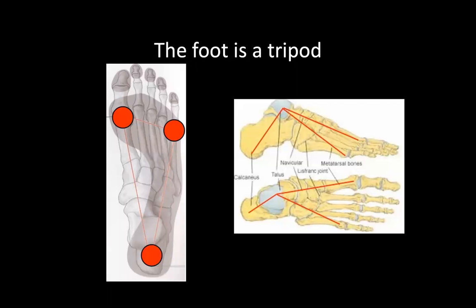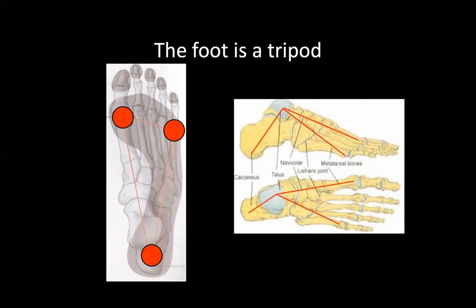So just taking a kind of 30,000 foot view of the foot, I think it's really important to understand the basic biomechanics. The foot acts a lot like a tripod, where you have the first metatarsal head, the fifth metatarsal head, and the calcaneus, which are the major points that contact the ground.